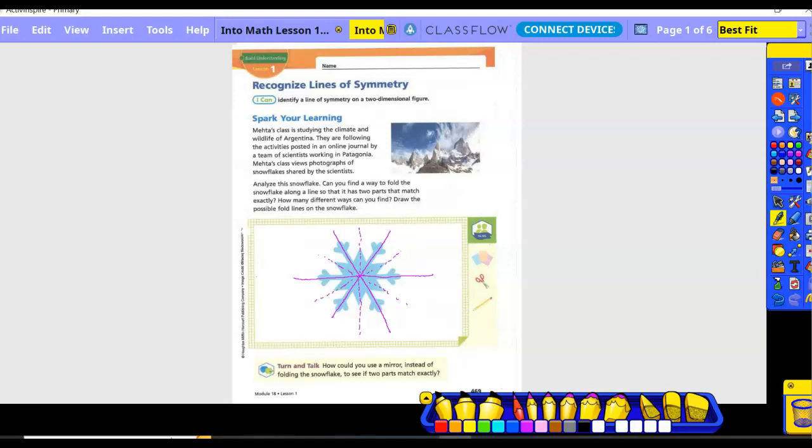So technically, how many lines of symmetry does this snowflake have? Well, how many? 6, right? Because I had 3 using the rounded tips of the snowflake, and I had 3 using the pointed tips of the snowflake. So this particular snowflake has how many lines of symmetry? 6. Okay, so 6 lines of symmetry.